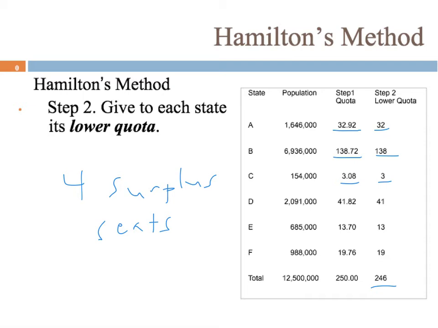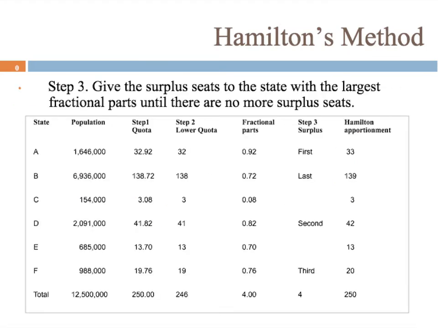Alright. Step 3, we need to give those seats away. Okay, we got 4 of them, and we're going to assign those to certain states. And all we really have to do is look for the states that have the highest fractional part in their numbers. So, for example, state A has an exact quota of 32.92.